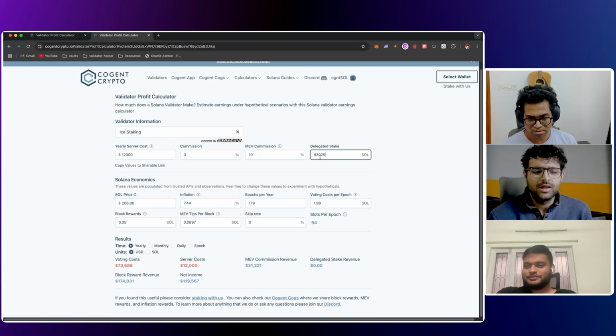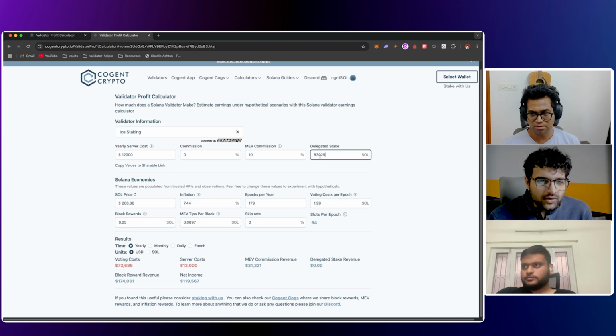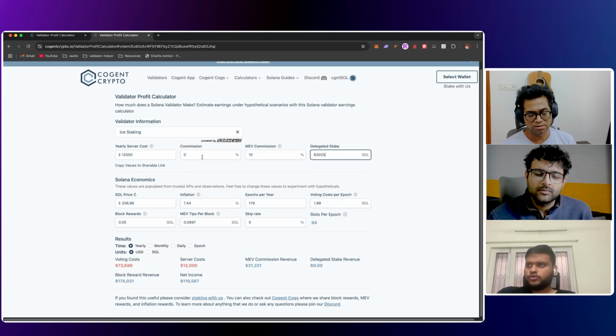Got it. One question: your commission is zero, you said. So how are you making money? So you have three types of rewards. First is the block reward that you get by being leader. Second is the thing that you get for voting, the inflation reward.